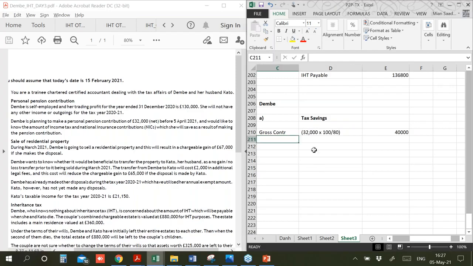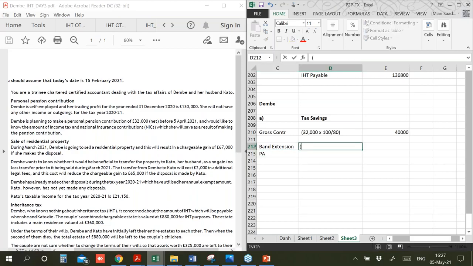Now, tax savings will be that 40,000, we'll see band extension and PA. PA stands for personal allowance.